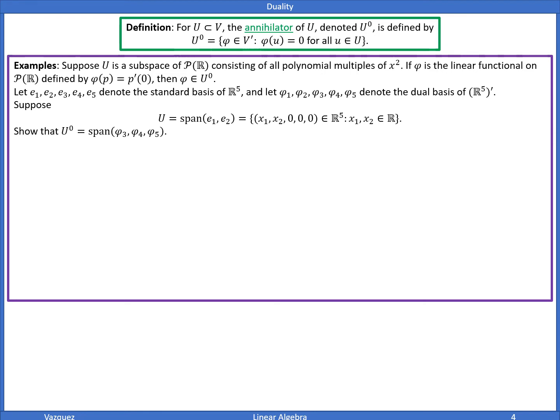Suppose U is a subspace of the vector space of polynomials with real coefficients, consisting of all polynomial multiples of x squared.